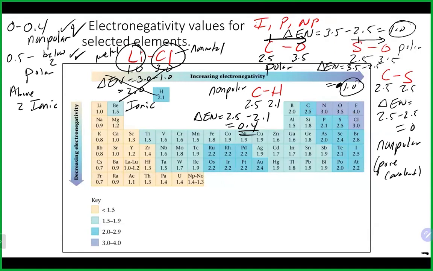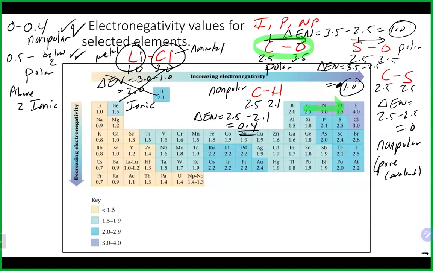We look at our carbon-oxygen bond from earlier. They're in the same period on the periodic table, and oxygen is further to the right, and that would make it more electronegative and will yield you a polar bond. You don't even really need the numbers.